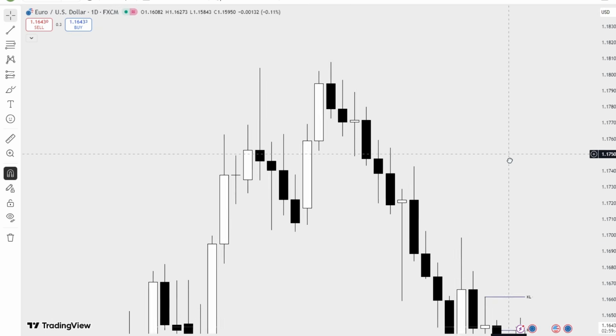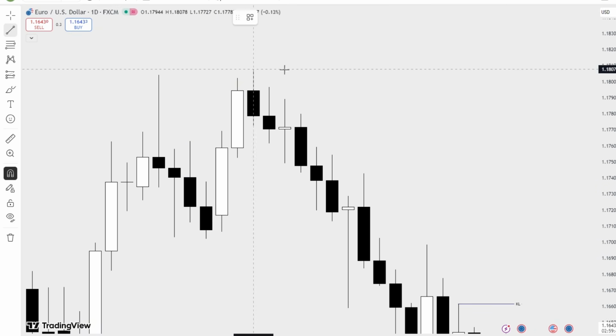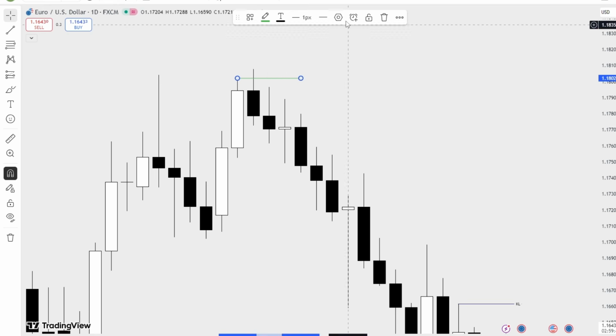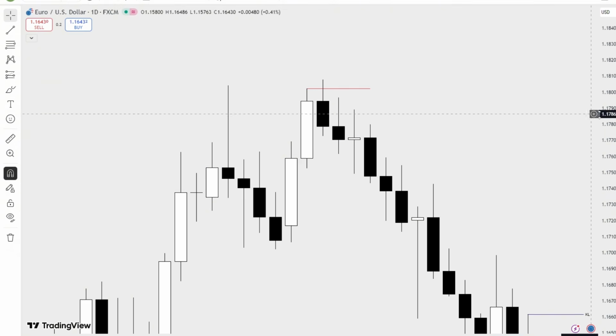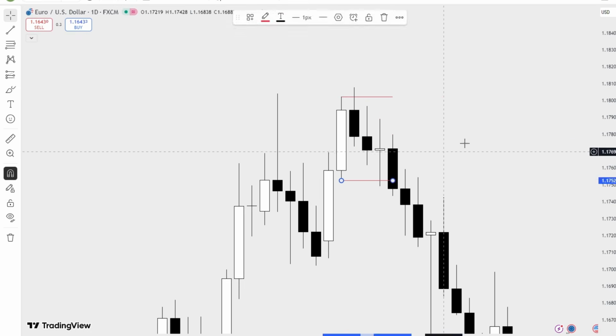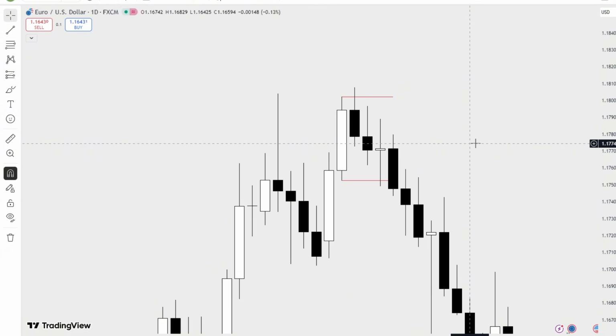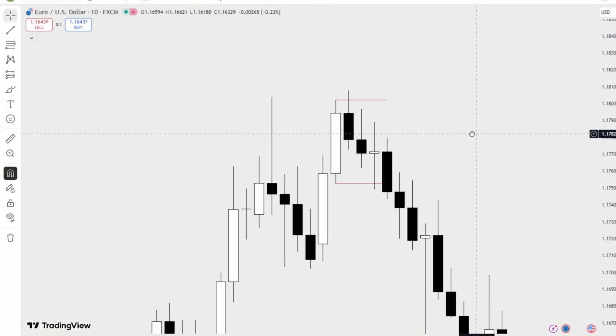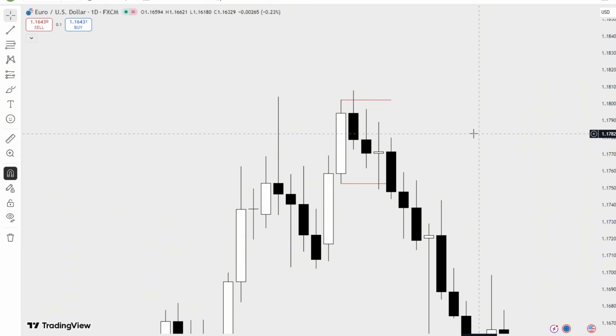So once you have your candle marked, okay, you're probably wondering, okay, I know how to mark candles. I know candles are ranges, right? So when and where am I going to mark these candles, right?